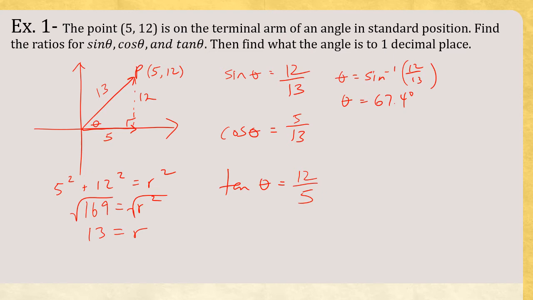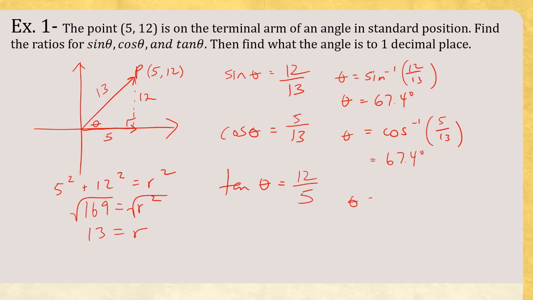Do you have to use sine? No, you could have used cos. Just for fun, you could stop there, but let's see what happens when we do this. Cos inverse of, oops, not 12 over 13, 5 over 13. Cos inverse of 5 divided by 13, 67.4 degrees.